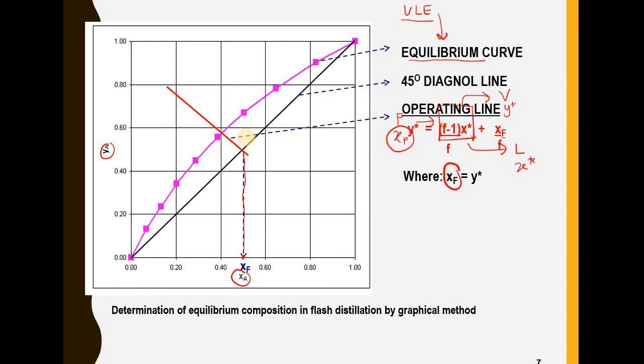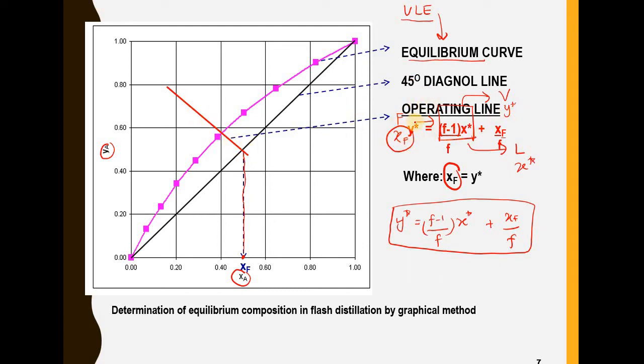If you can still remember the operating line equation that we derived just now, Y star is equal to F minus 1 over F X star plus XF over F. This equation will form a line here. The red line we call the operating line.